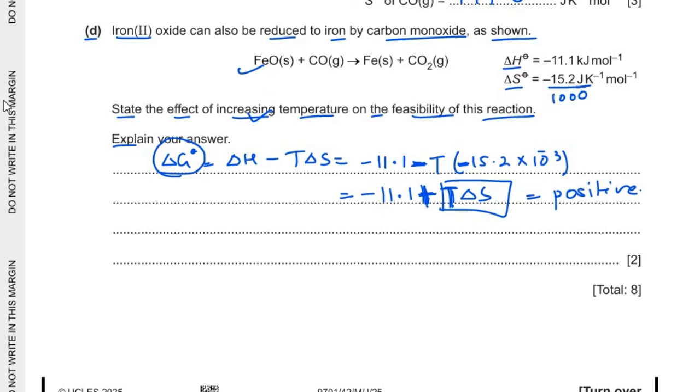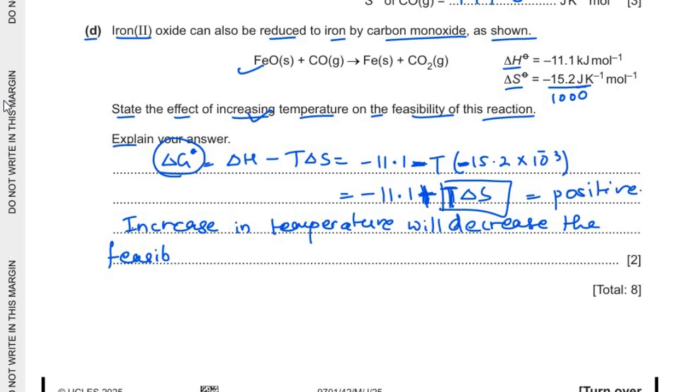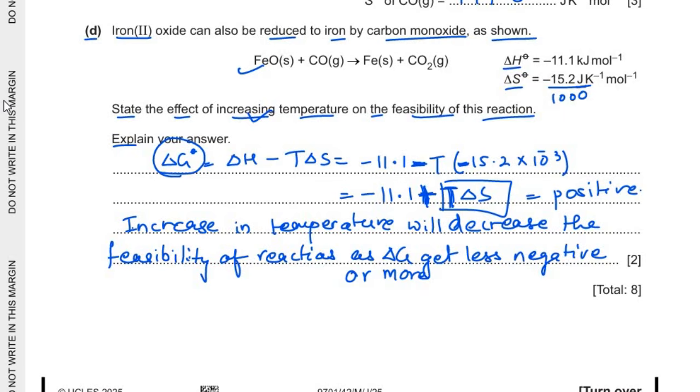And so that's what we are going to explain: increase in temperature will decrease the feasibility of the reaction as delta G gets less negative or more positive.